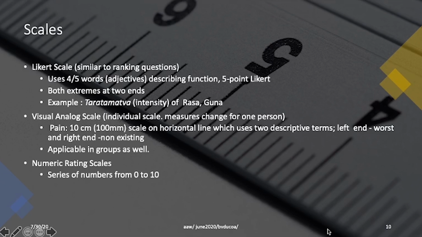This scale is applicable to groups as well. A group of 10 patients can be put together, and the mean can be used as an individual scale in a comparative model. The third type of scale is the numeric rating scale, which consists of a series of numbers from 0 to 10.